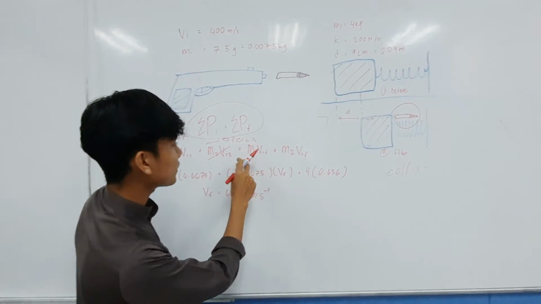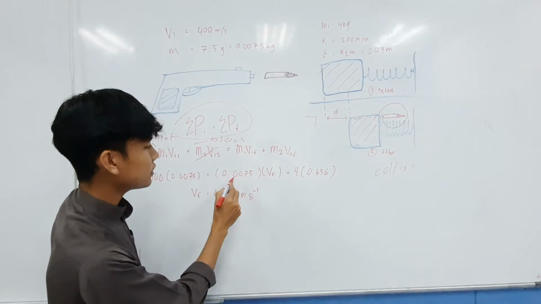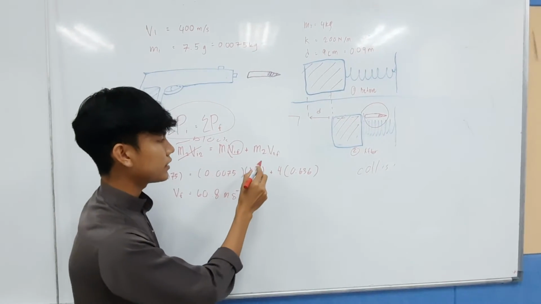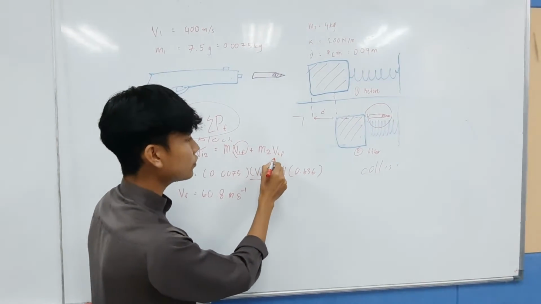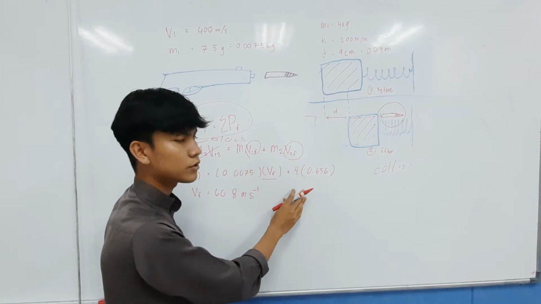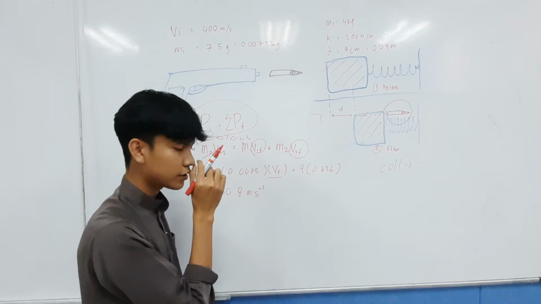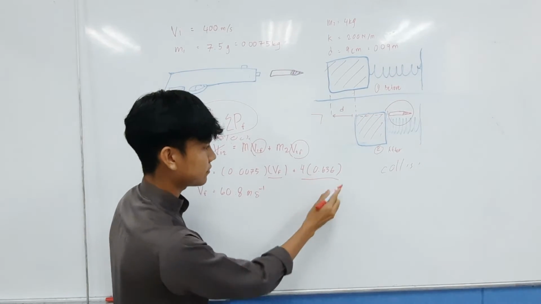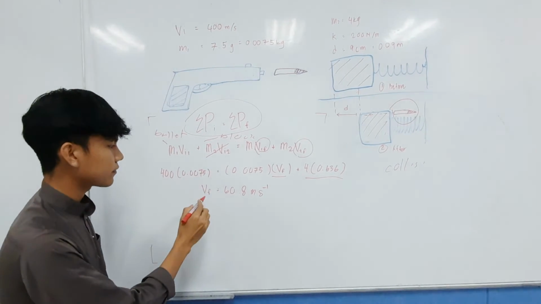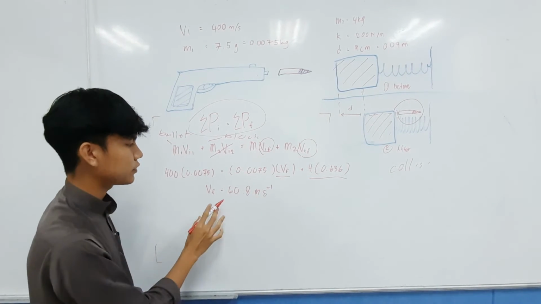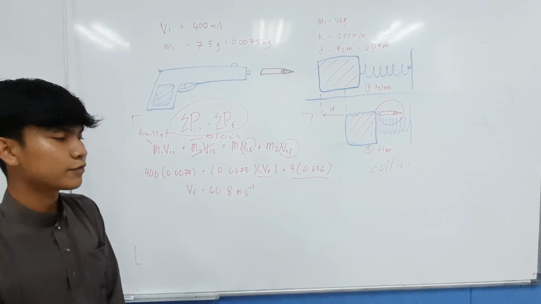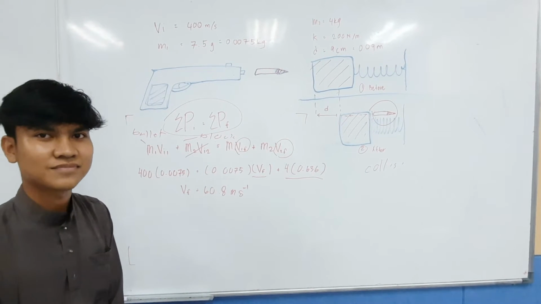Then for M1, the bullet, we want to find V final. And then M2 V final, the final velocity of the block, we get the value from part A. Then we find the value of V_F, and we get 60.8 m/s.